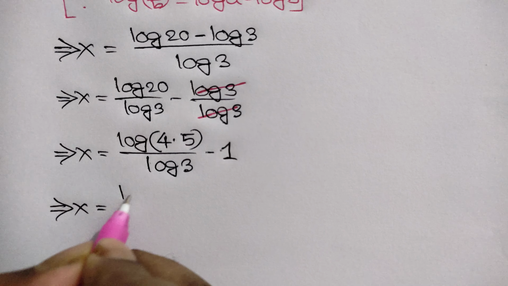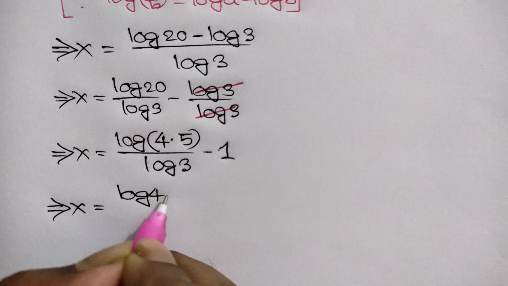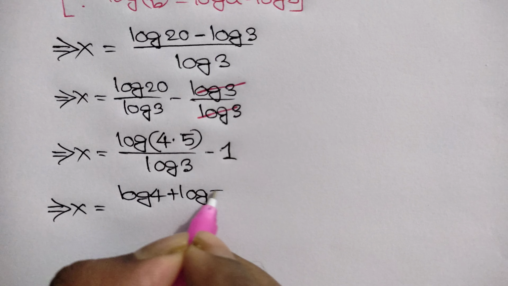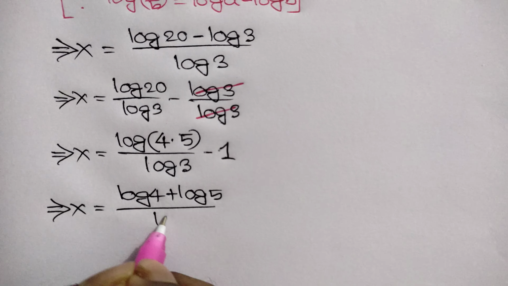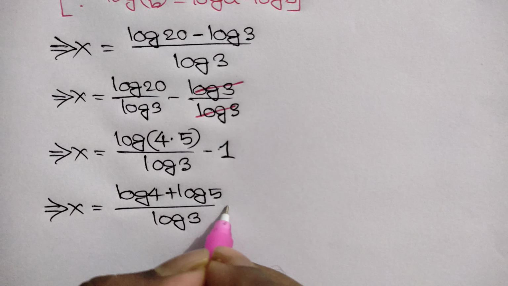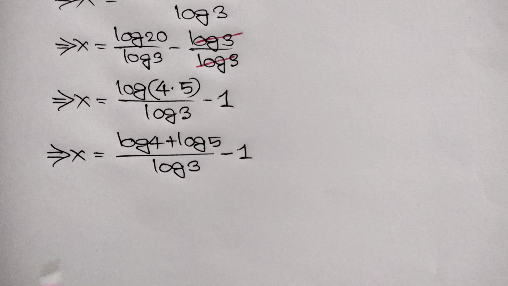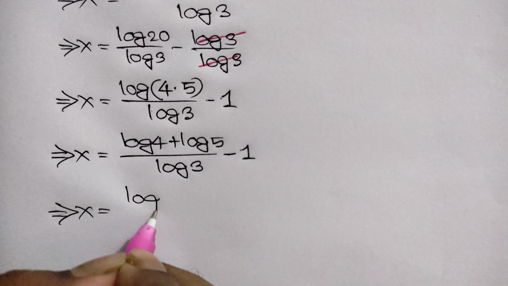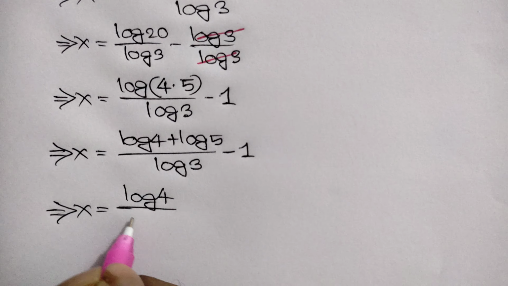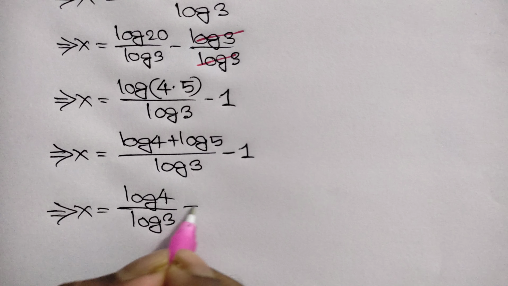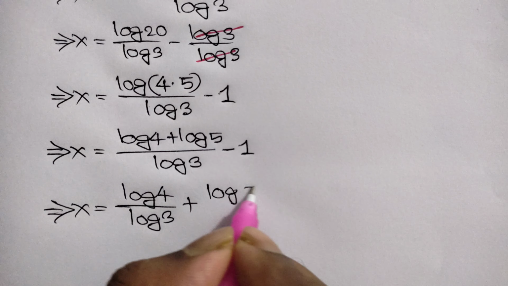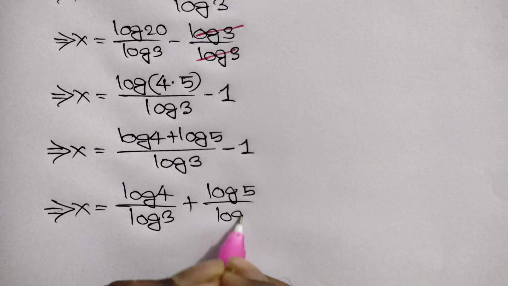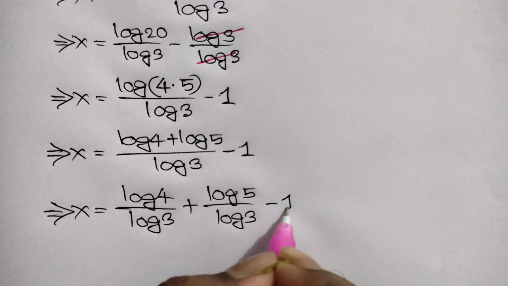So apply this formula. Here we can write log of 4 plus log of 5, all over log of 3 minus 1. Or x is equal to log of 4 over log of 3 plus log of 5 over log of 3 minus 1.